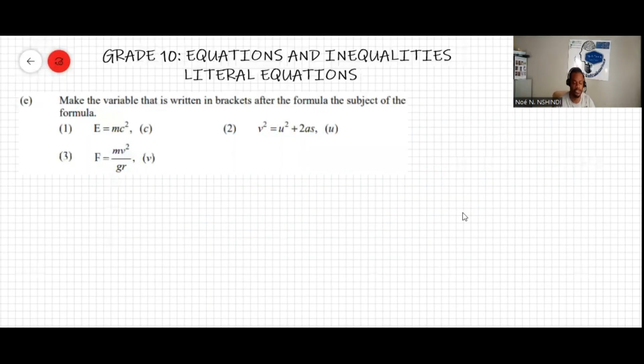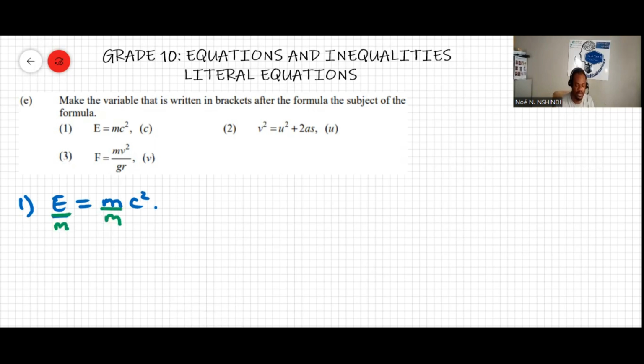We have another question here, question E. The question says make the variable that is written in the brackets after the formula the subject of the formula. Question 1, we have E equal to mc squared. So we need to make C the subject of the formula, so we divide by M, we divide by M also.